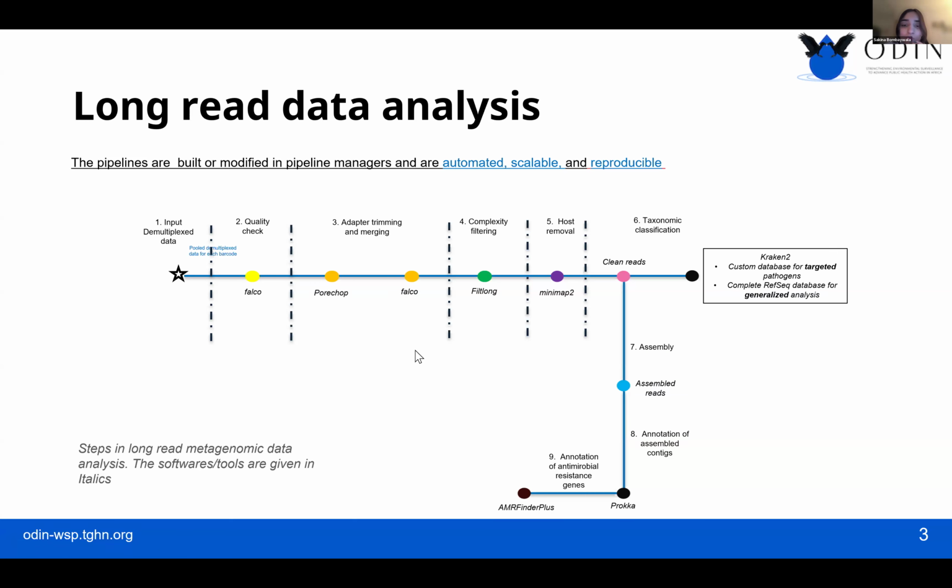It's divided into different steps, which starts with demultiplexing the data and quality control, and then continues to taxonomic analysis, and then the user can choose to assemble the data or not, and to trigger the functional analysis. The different functional analyses that we include in the pipeline are generalized functional analysis, as well as antimicrobial resistance genes.